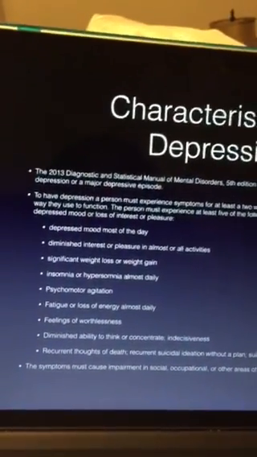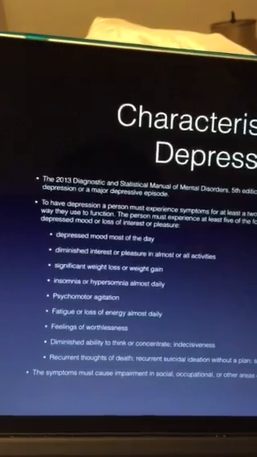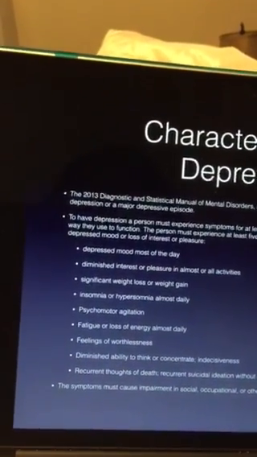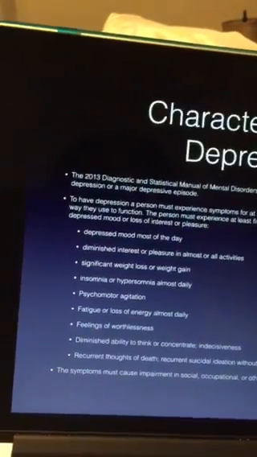These symptoms have to occur for at least a 2-week period, and it also has to be a change from the way that they would normally function.